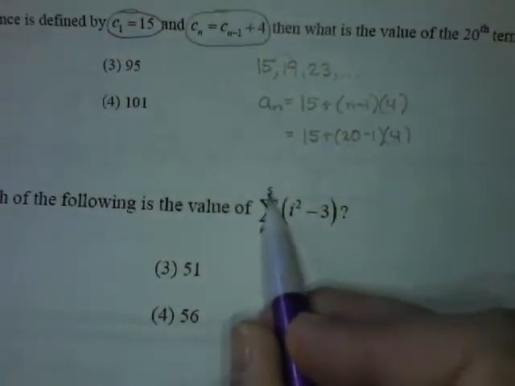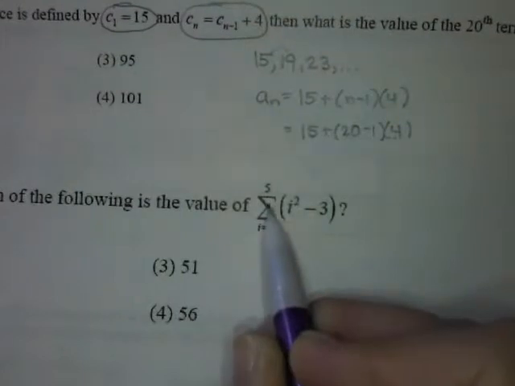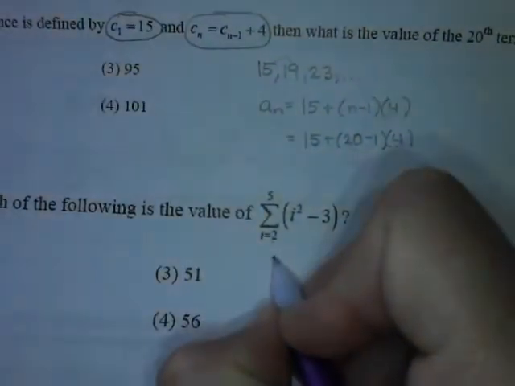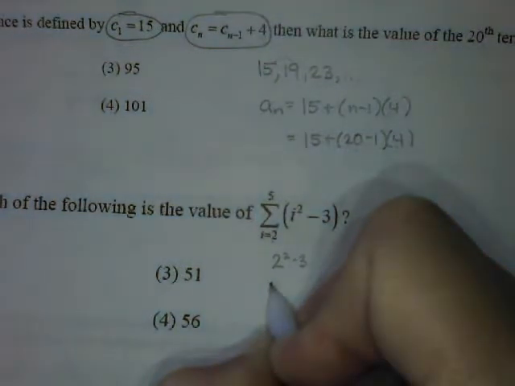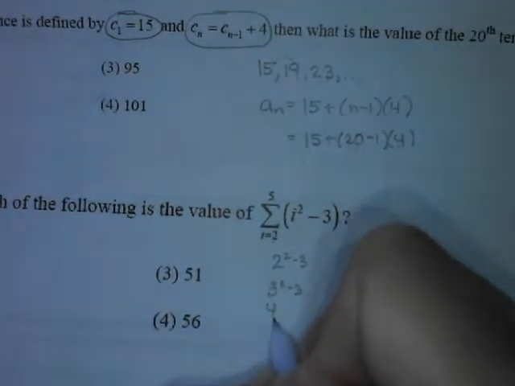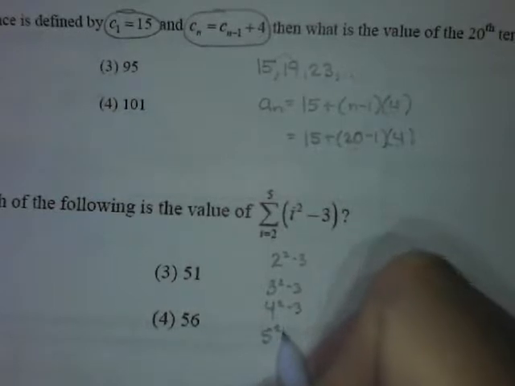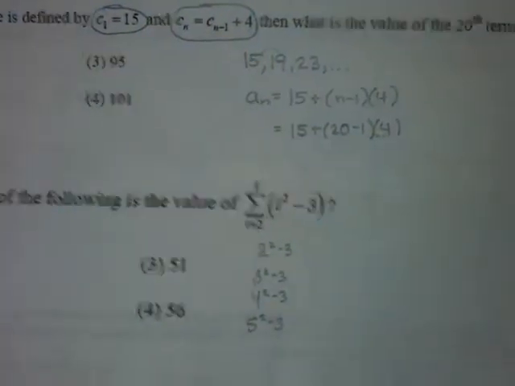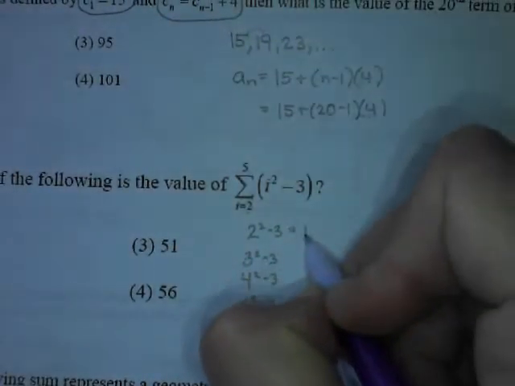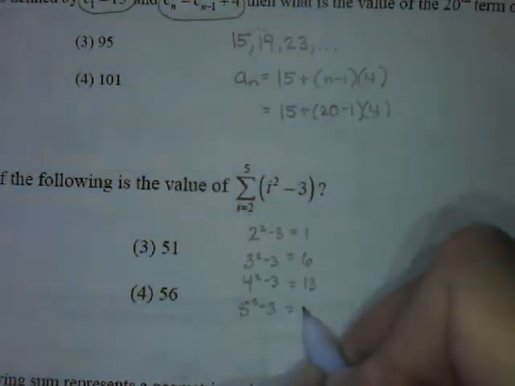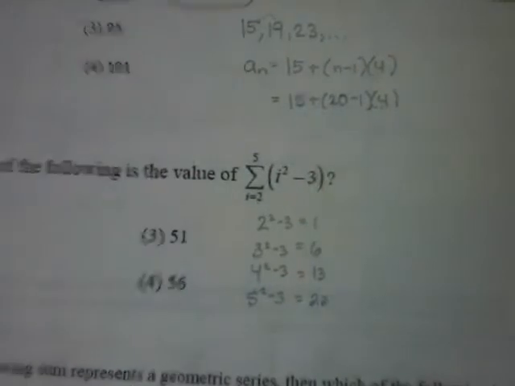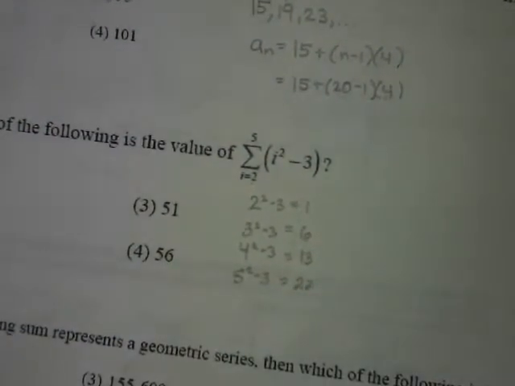So your starting index being at 2, your ending being at 5, and then add them all together. So 2 squared minus 3, then 3 squared minus 3, 4 squared minus 3, and 5 squared minus 3, plugging in from 2 to 5, getting all those values. 25 minus 3 is 22, and adding them all together. So 1 plus 6 plus 13 plus 22. And we get 42.